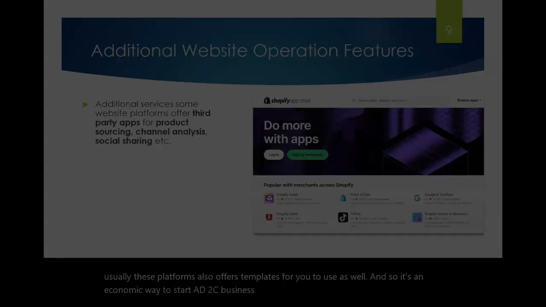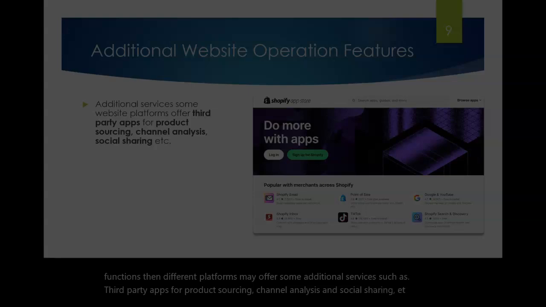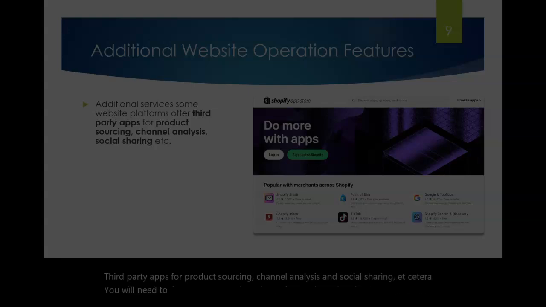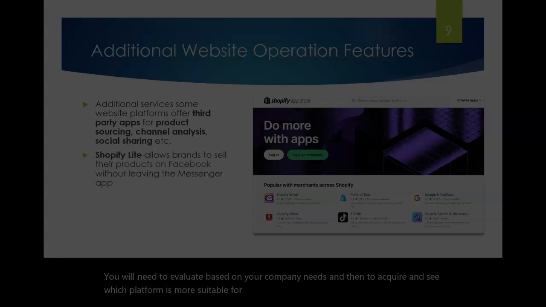After talking about the basic functions, different platforms may offer some additional services, such as third-party apps for product sourcing, channel analysis, social sharing, etc. You will need to evaluate based on your company needs and see which platform is more suitable for your business.